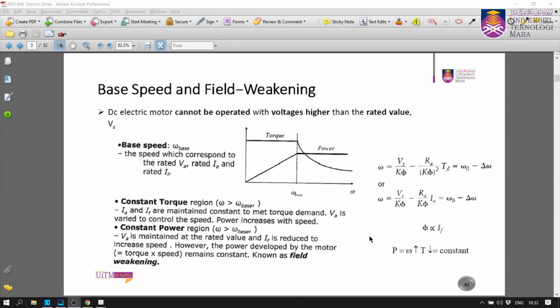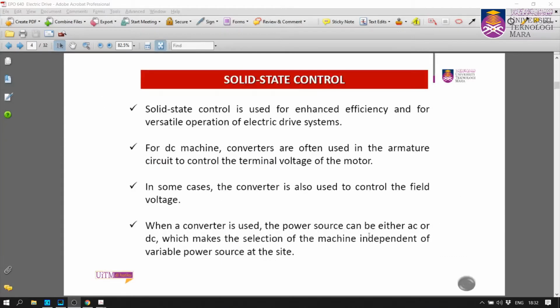Now look at the solid state control. It's used for enhanced efficiency and for versatile operation of electric drives. For a DC machine, converters are used in the armature circuit to control the terminal voltage of the motor. In some cases, the converter is also used to control the field voltage. When a converter is used, the power source can be either AC or DC, which makes the installation of the machine independent.